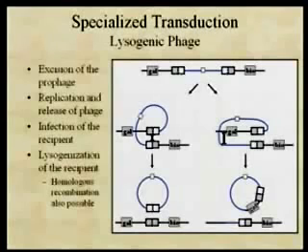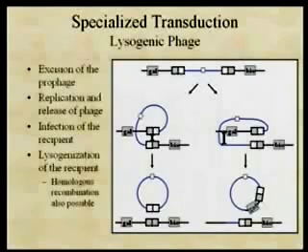All right? And so this is called specialized transduction because each transducing phage can only transfer in certain genes. And those genes happen to be the ones that are close to the site at which that phage inserted into the bacterial chromosome. Now, of course, different transducing phages will transduce different genes. In the case of lambda, its attachment site is between galactose and biotin.